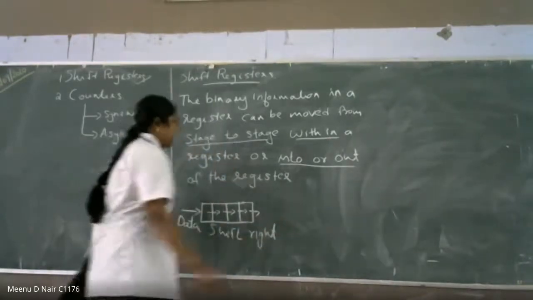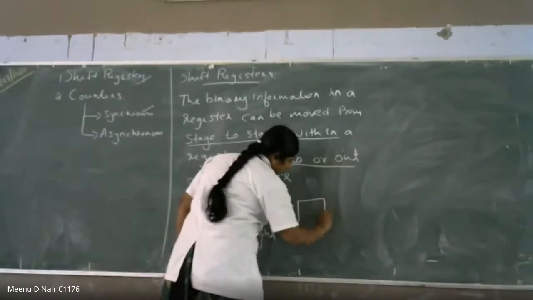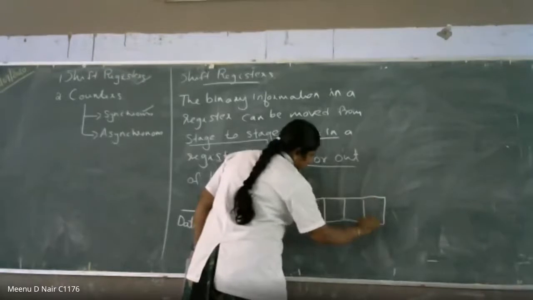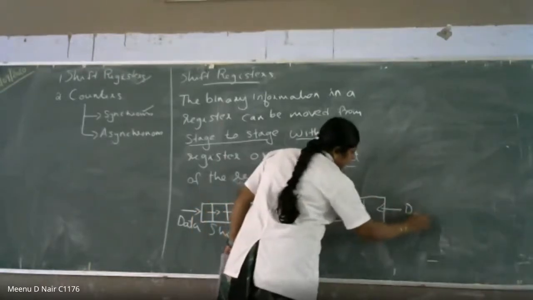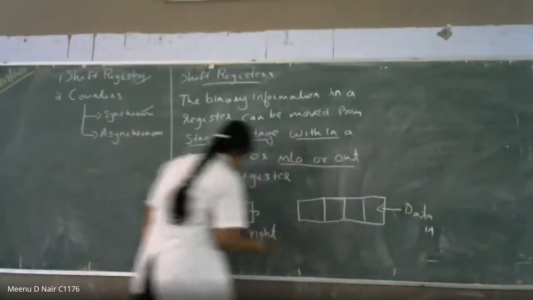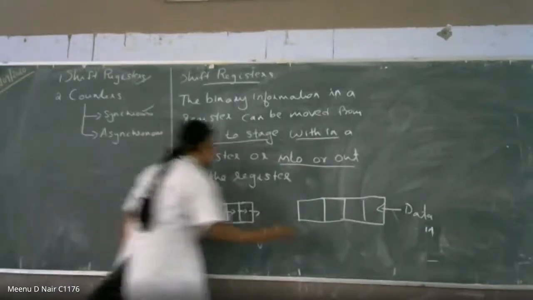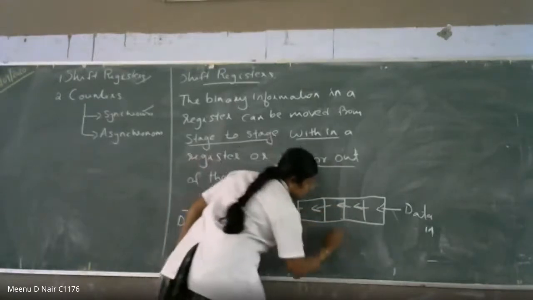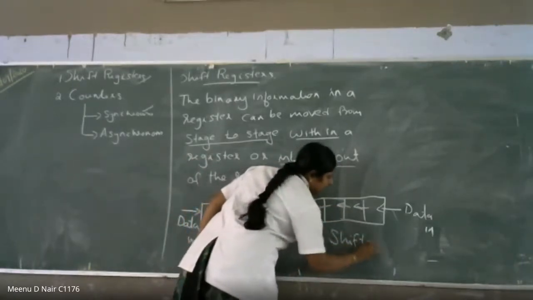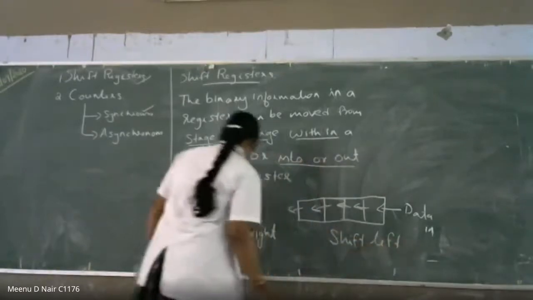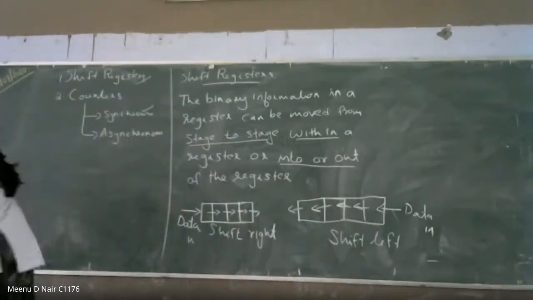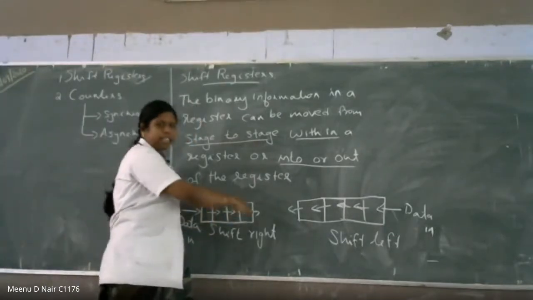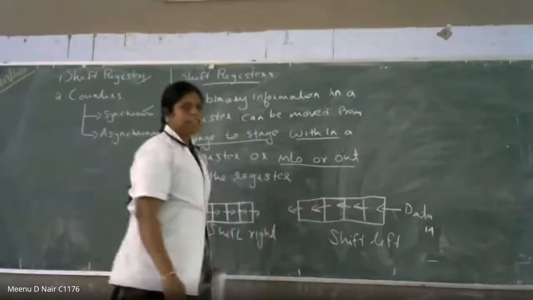Next, this is your input data, data in, and it is shifting like this. This is shift left. This one is shift right, where you are shifting the data from the right side, and here you are shifting the data to the left side.